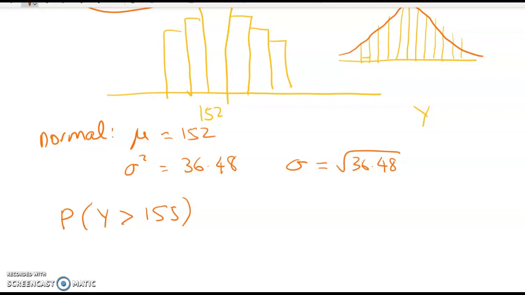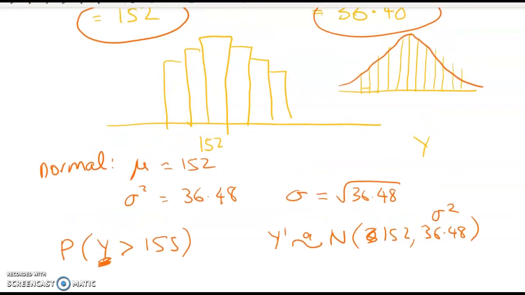But this is where we need to make a little adjustment. If you think about Y as being the bar chart, we can now think about Y dash as being the normal approximation, with a mean of 152 and a variance of 36.48, that's sigma squared.